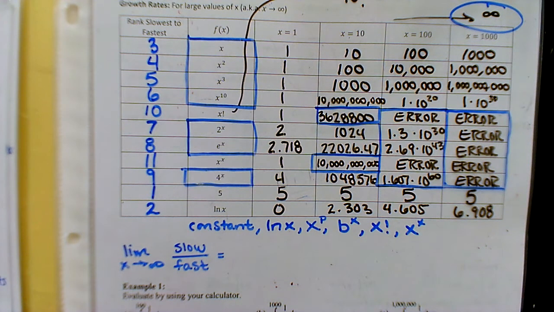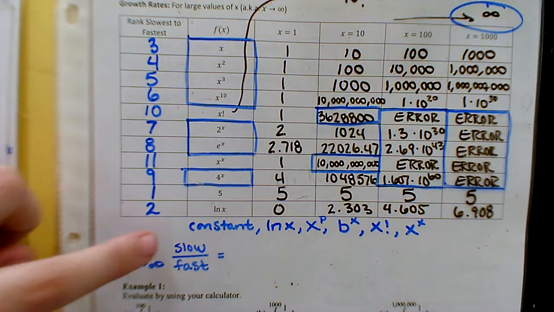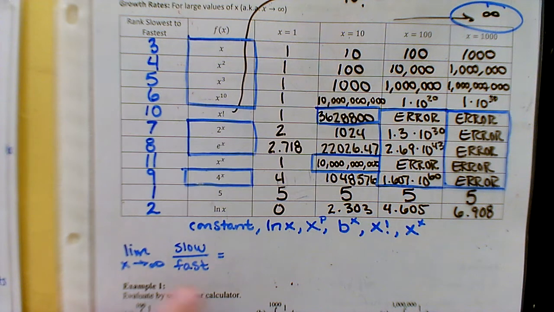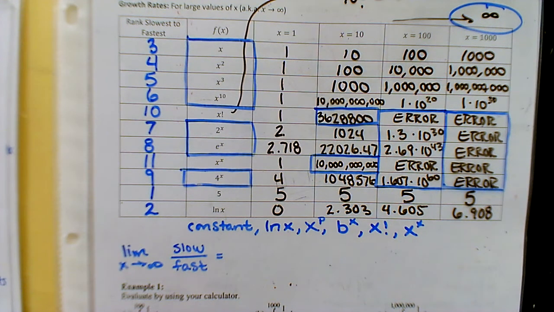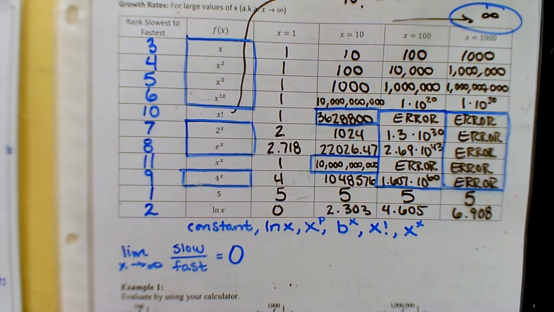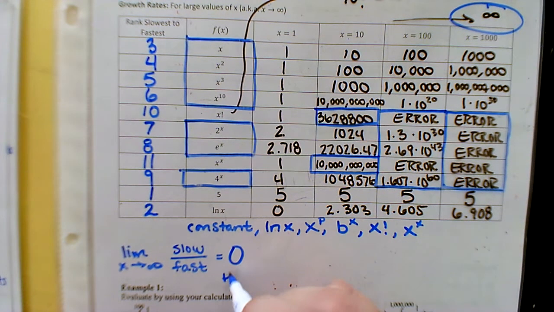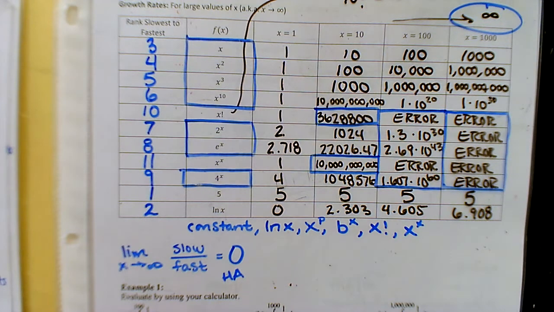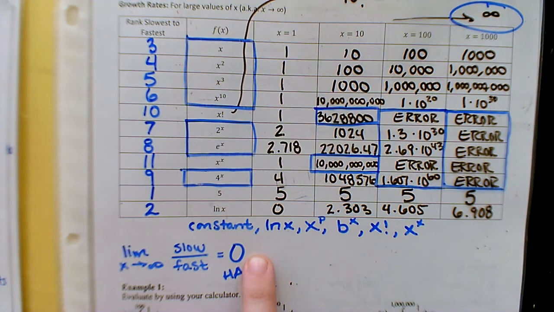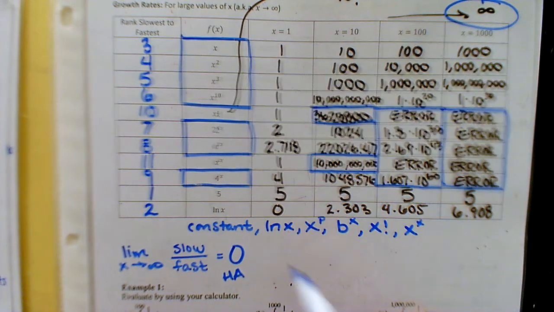If you were to take something slow divided by something fast, in other words, something small divided by something huge, what do you think you'd be getting closer to? A limit idea. You're getting closer and closer to 0. Graphically speaking, this is a horizontal asymptote. The further you go to the right on the graph, this is your height. You're approaching a horizontal asymptote.